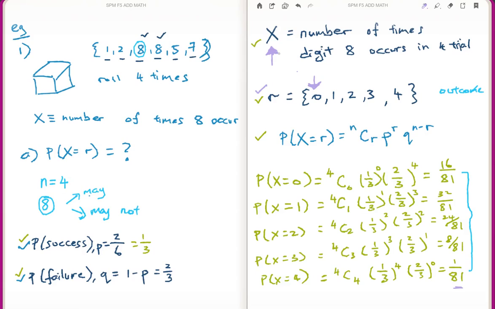Define what capital X is from your question. You summarize the question, what does the question ask? Then this is optional. And then the working is based on what you have found. It's quite straightforward. It's a bonus question, especially in SPM. So I think that's all for this part 1.